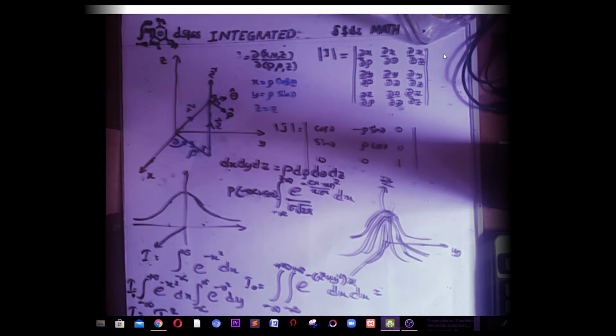This is the fantastic simplification hidden inside the particular integral. If you are able to evaluate I squared, you are able to take the square root and get I naught.